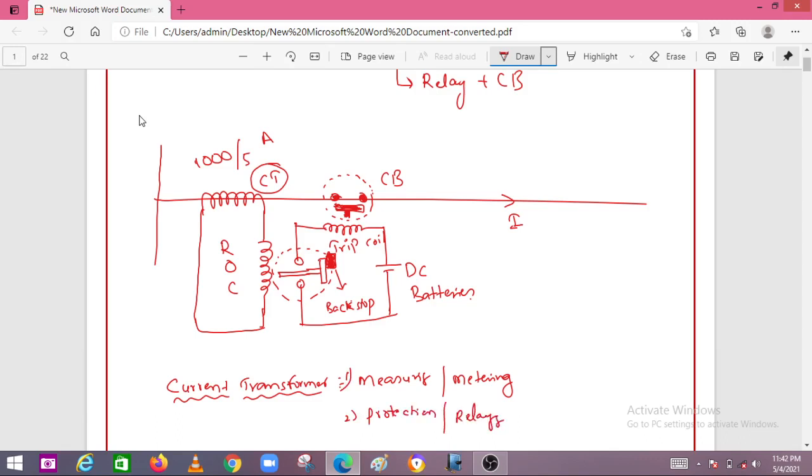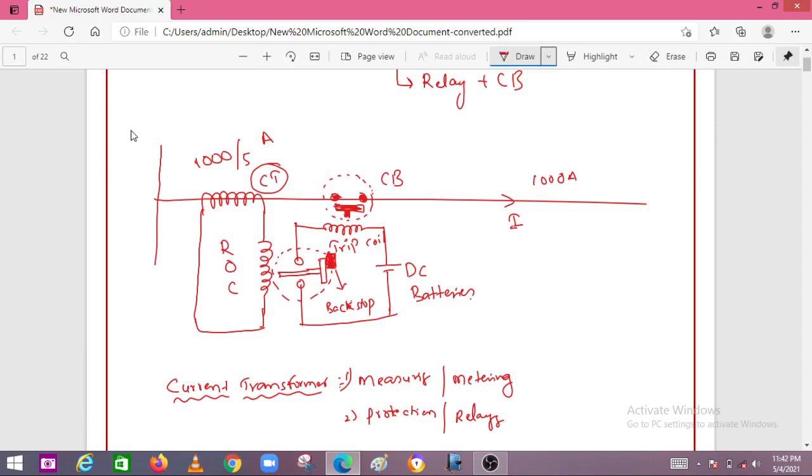Actually this current will be around 1000 amperes. Let me say this is a 1000 ampere line flowing from the supply side to the generator side. We cannot manufacture a 1000 ampere ammeter to measure the current, because that includes a lot of problems.